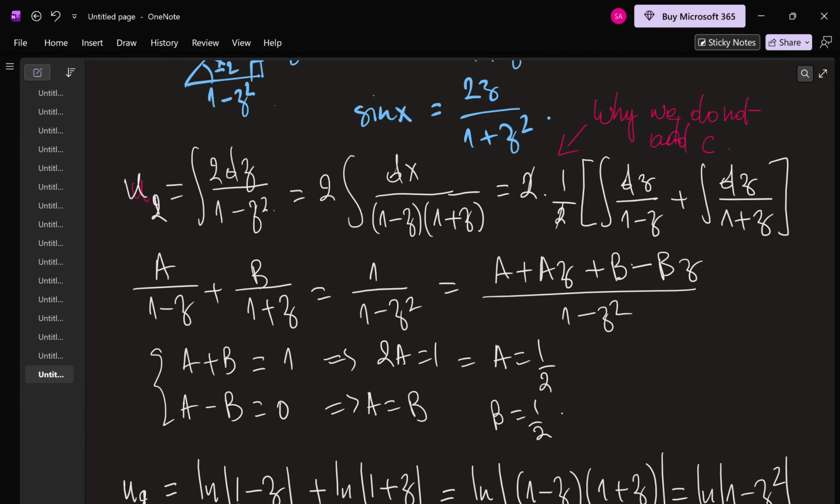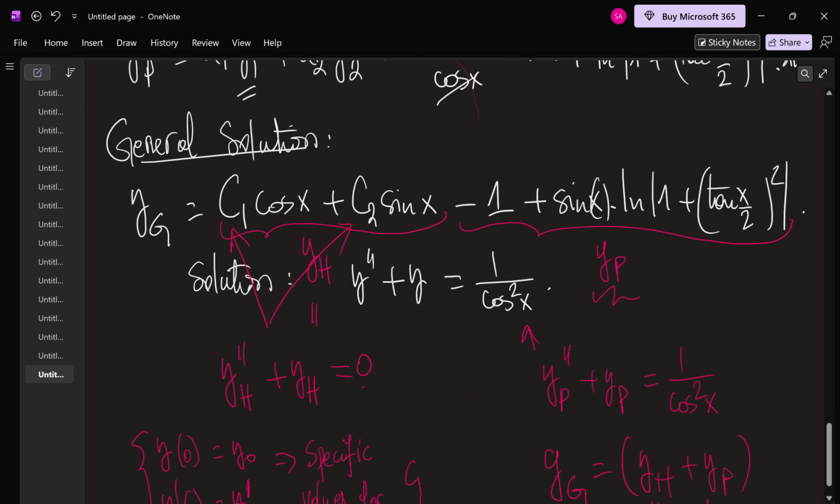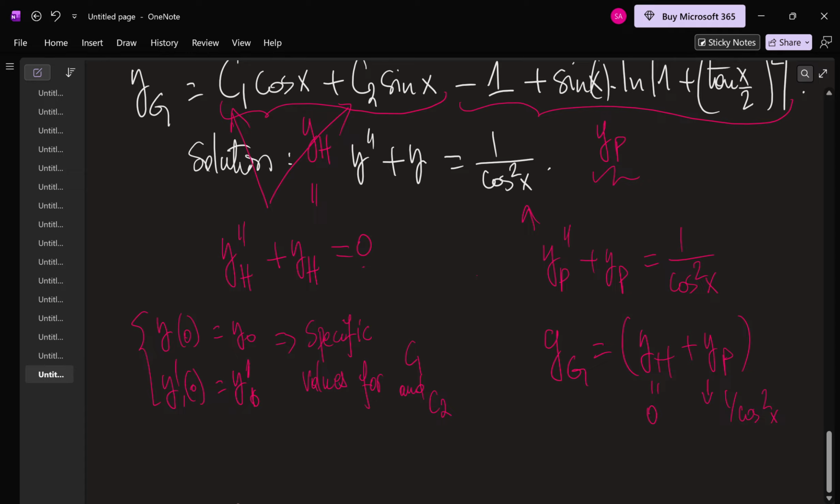If you put c, it is correct, but it does not change anything, because the final answer that is required from the particular solution is to satisfy this part. So you choose one value for c, and I choose c equal to 0 to simplify calculations. Does that answer the question?